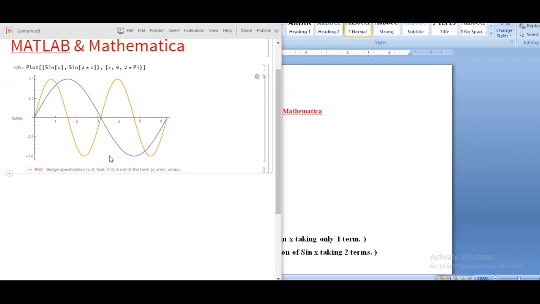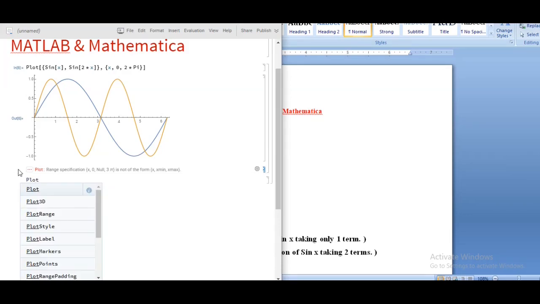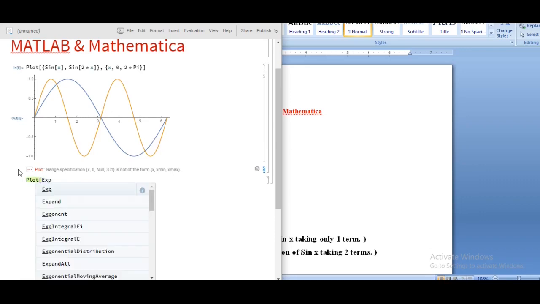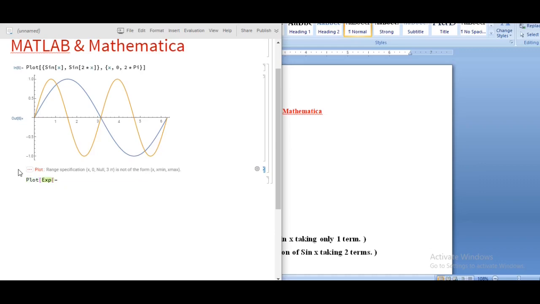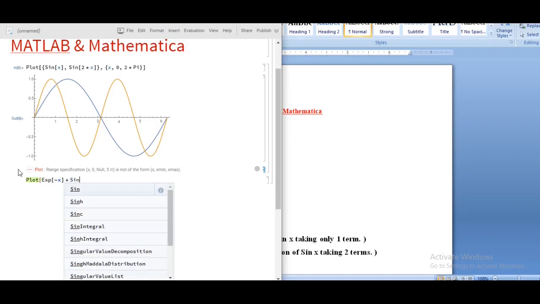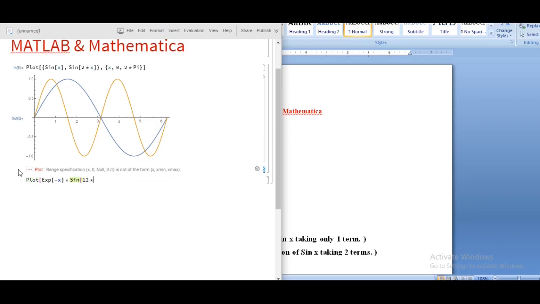Okay, so let's write here y, Plot, and then Exp, the exponential function, of minus x, into sine of 12 into x.